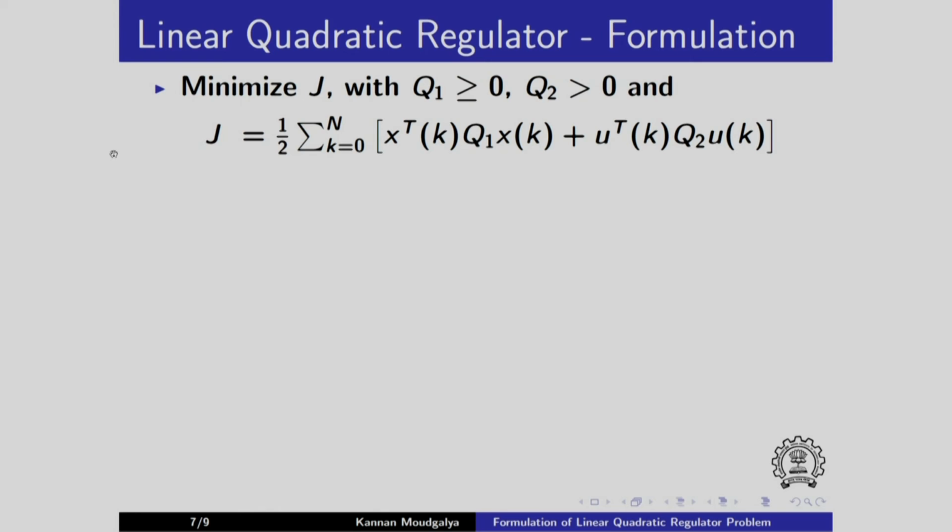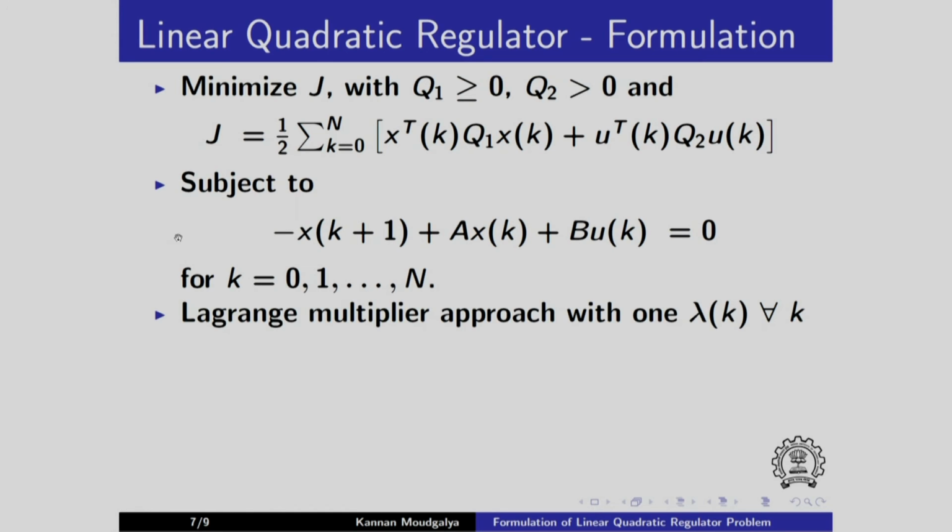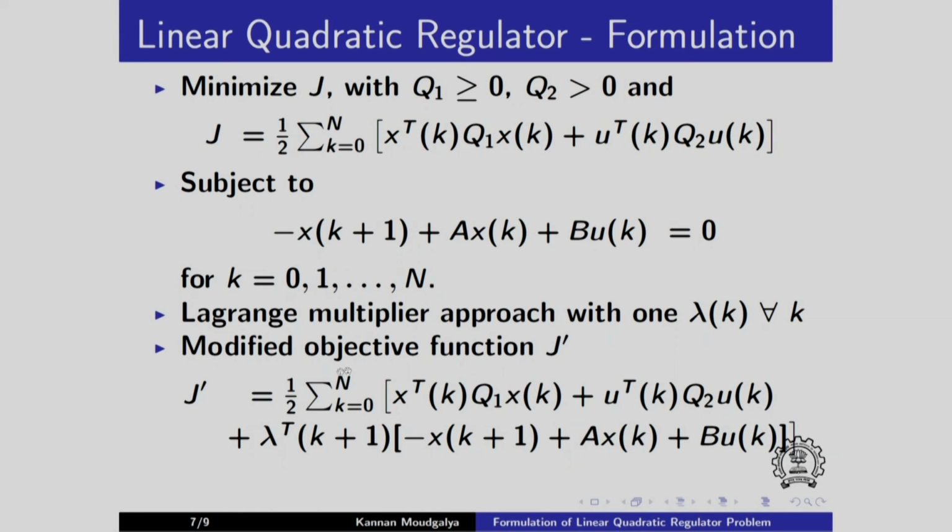Let us restate it. We want to minimize this objective function subject to this equation. We will come up with a Lagrange multiplier lambda k for every k. Here is the modified objective function that we have to minimize.